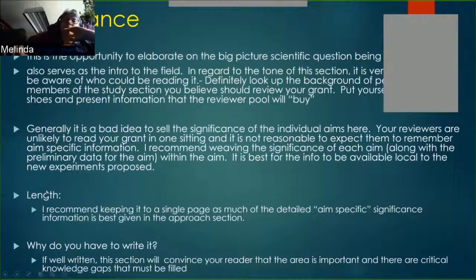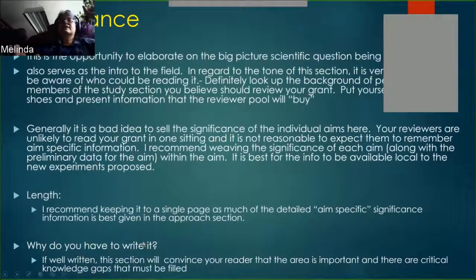Now, this length of 1 page is really set up for an R01 grant. This might be a little bit shorter, maybe down to half a page in your grant, because you only have the 4 pages total.